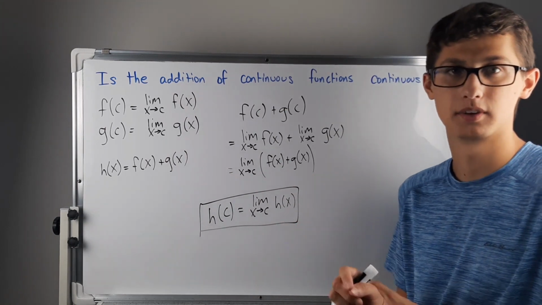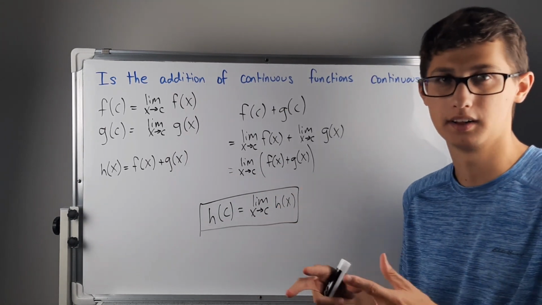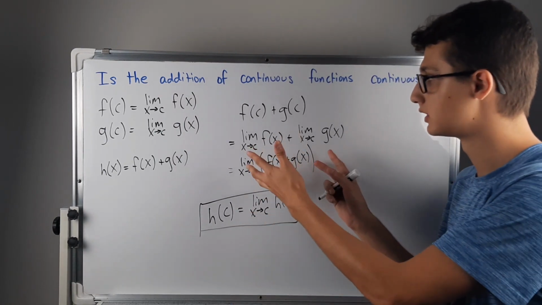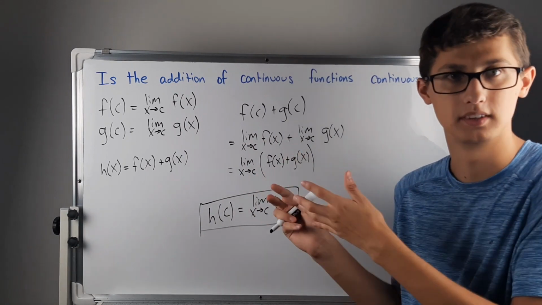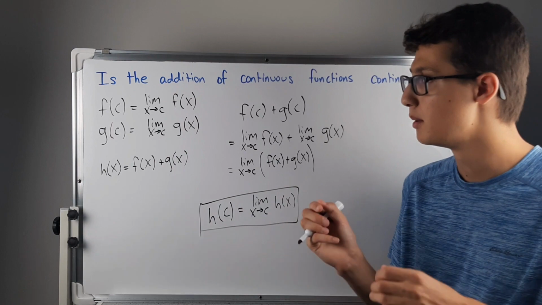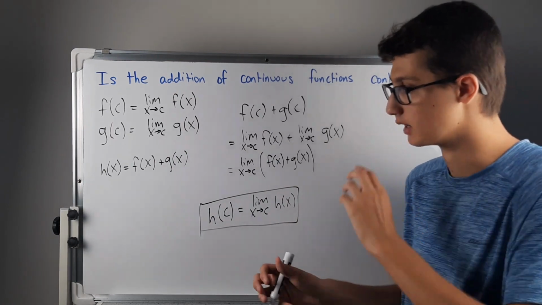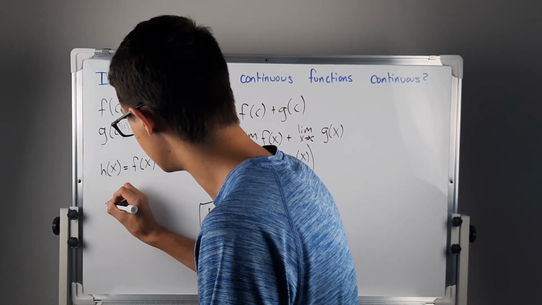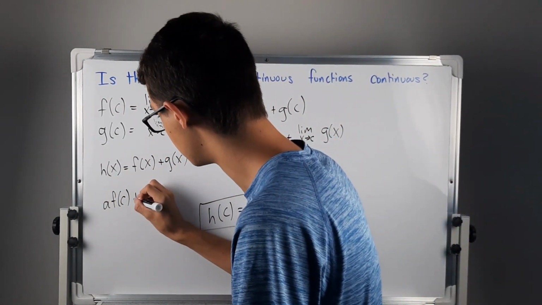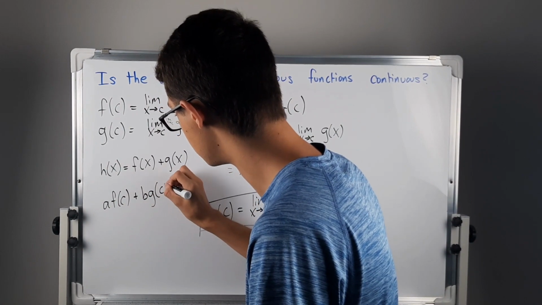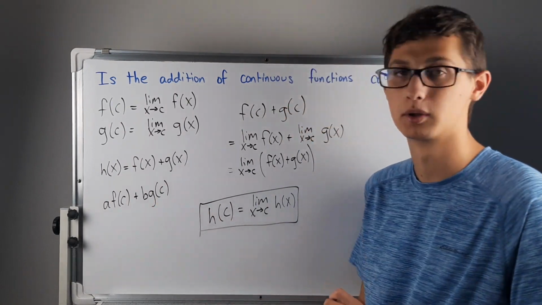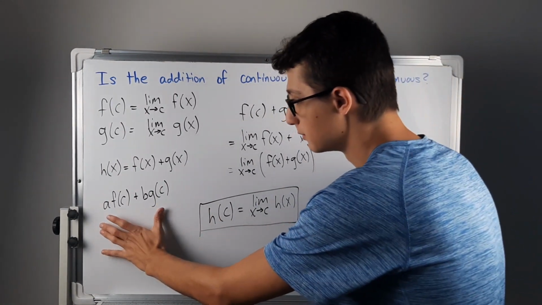Now let's take it a step further. Can we work the concept of linearity into this? So what I mean by that is, sure, we've established that the addition of two functions is continuous as long as those original two functions are continuous themselves. But what about if we take a f of c for some constant a plus b g of c for some constant b, and assuming that f and g are both continuous, is this combination going to be continuous?